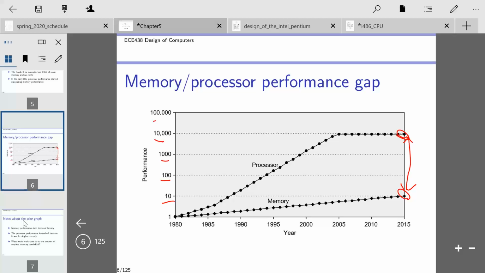Just like with pipelining, which increased the latency of instruction processing but improved the bandwidth. With memory, the latency hasn't improved all that drastically, but we have done a lot of things to improve the bandwidth. Bandwidth is actually an easier thing to improve than latency.